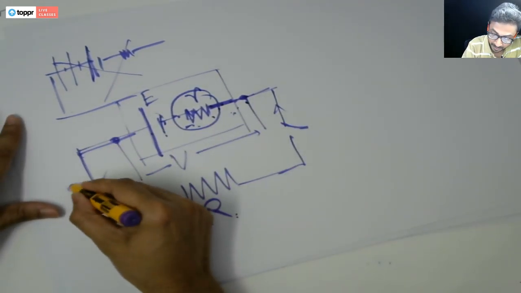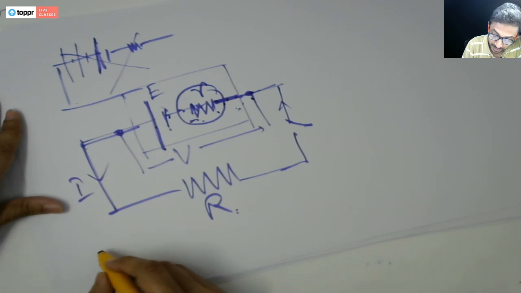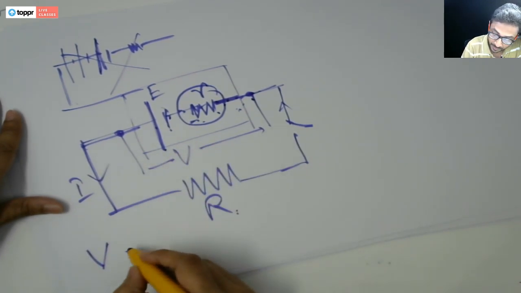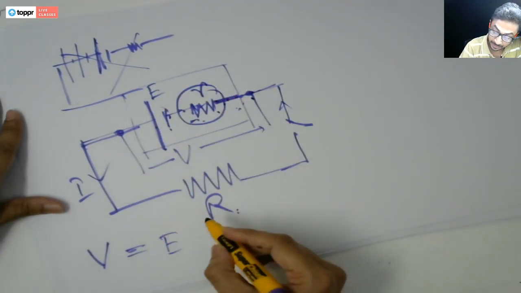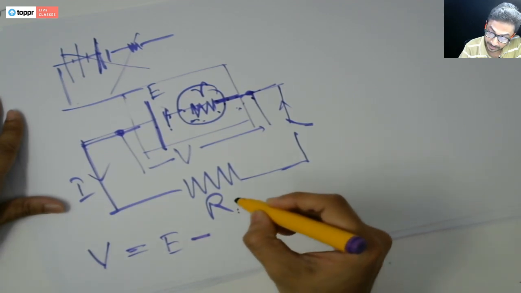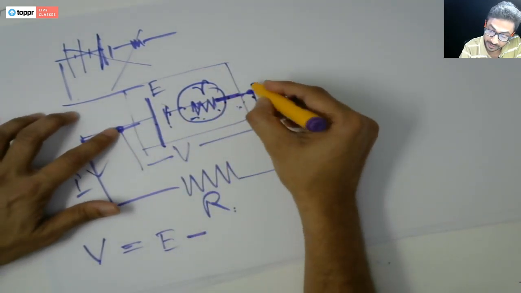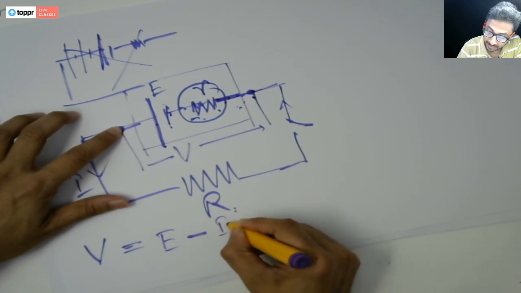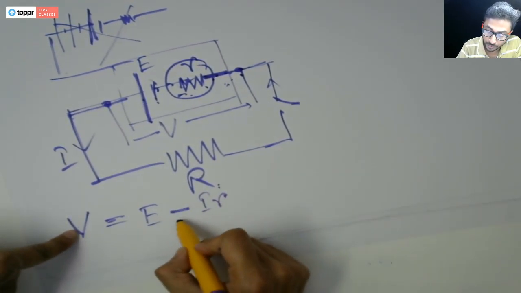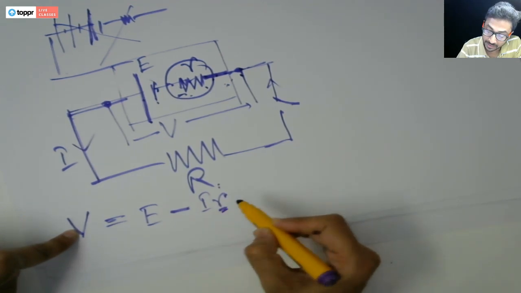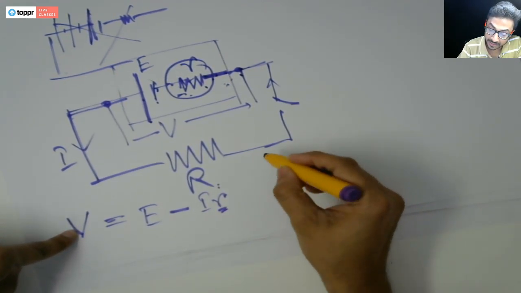If current I flows, we can write V equals E, the overall battery value, minus I r. The terminal voltage V equals E minus I r, where r is the internal resistance.